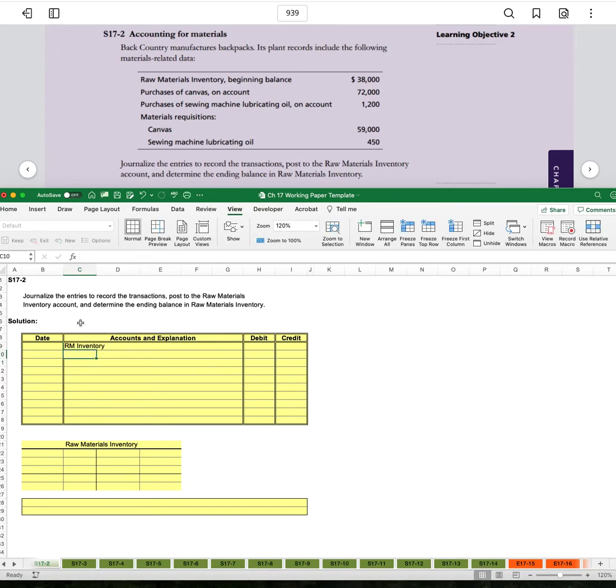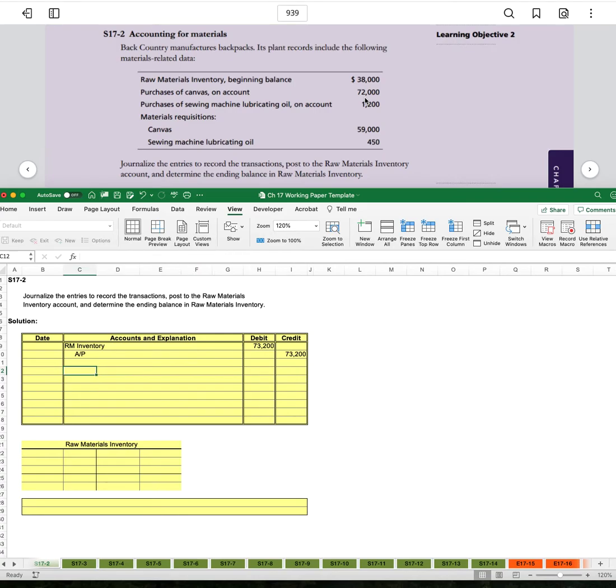And because it was on account, it's going to be a credit to our accounts payable. And so we're putting both of these purchases into our one debit entry. Both of them are the materials. So we have $72,000 plus $1,200 for $73,200, and I'll just cell reference our credit back up to that debit.